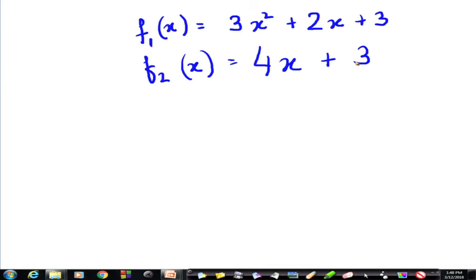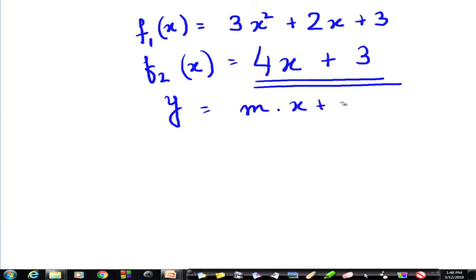Now, anybody who remembers school coordinate geometry knows this is a linear equation because it is a polynomial of degree 1. That means, if we say this to be y, then this is y equals mx plus c. So m, this 4, is nothing but the slope of this straight line.